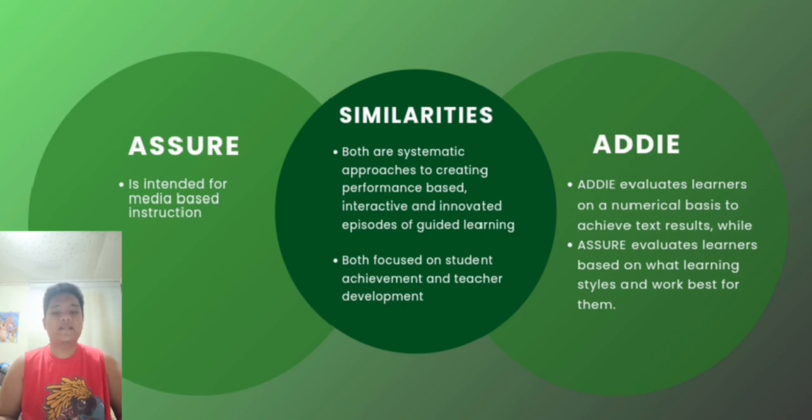Both emphasize creating learning experiences that focus on practical skills and knowledge application. And then third is interactive and innovative. Both models encourage the use of engaging and modern instructional strategies.